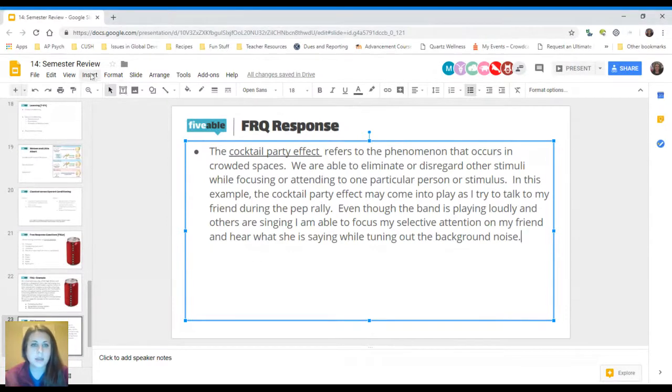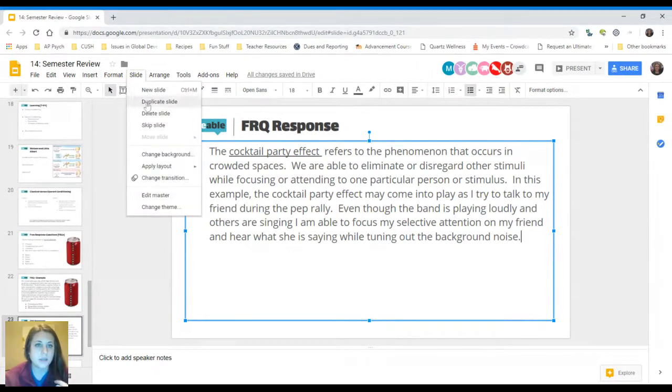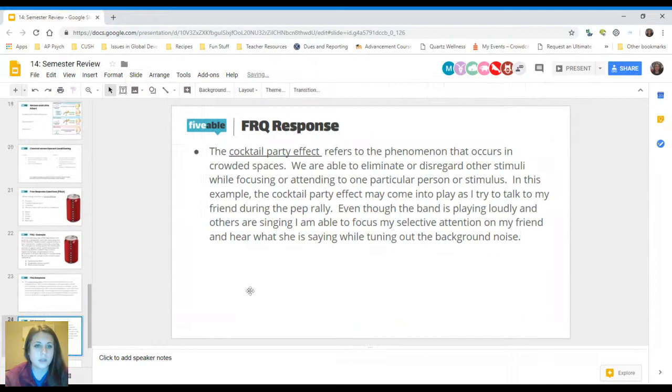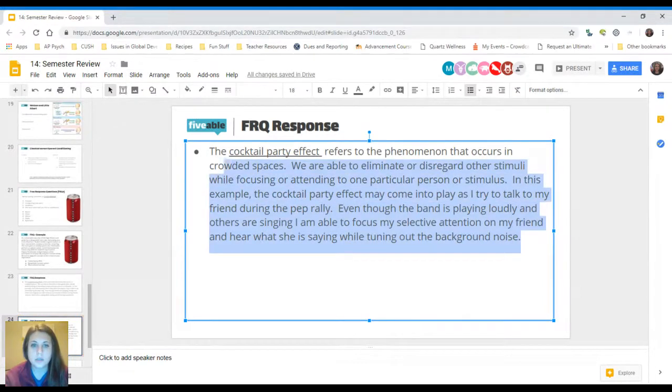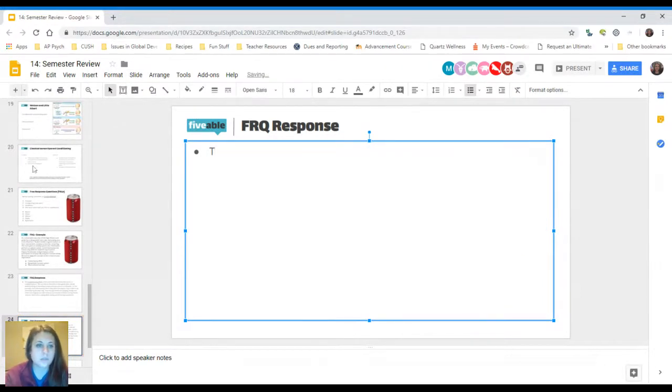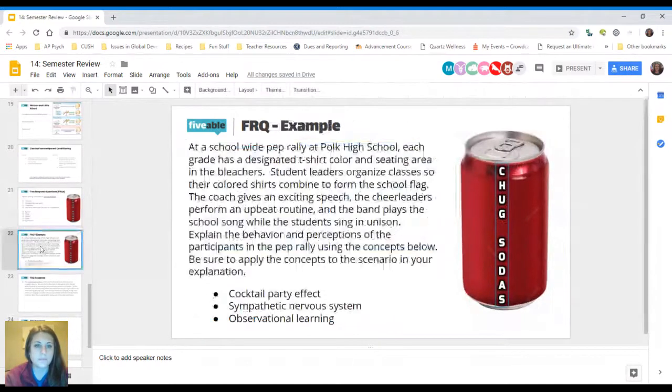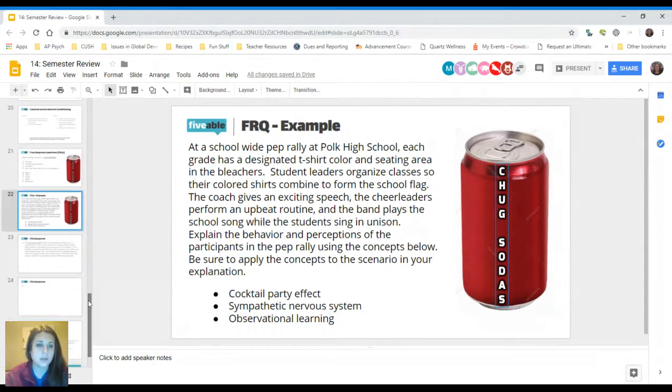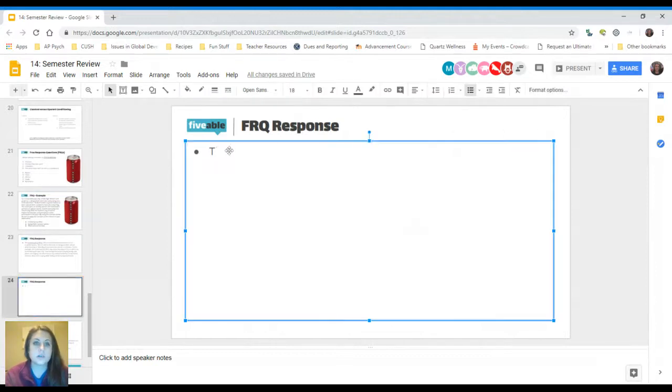I'm going to make another slide. Just duplicate it and then erase this. So then for the next term, let's go back and look at the question. We have to talk about the sympathetic nervous system and how that would relate to what's happening in the pep rally. And so we again would just start with a basic definition.